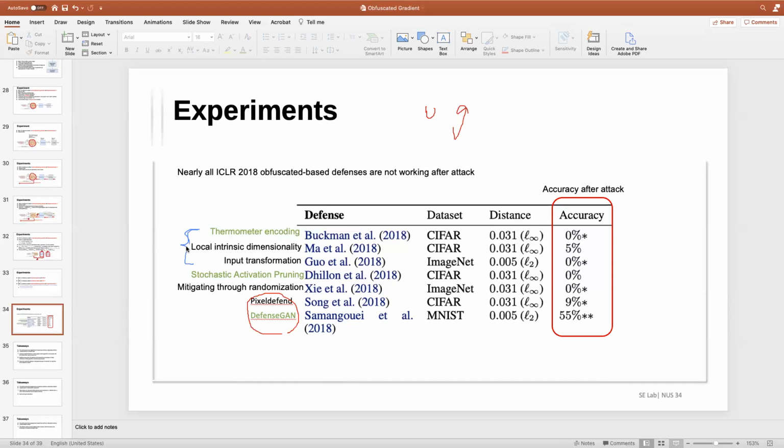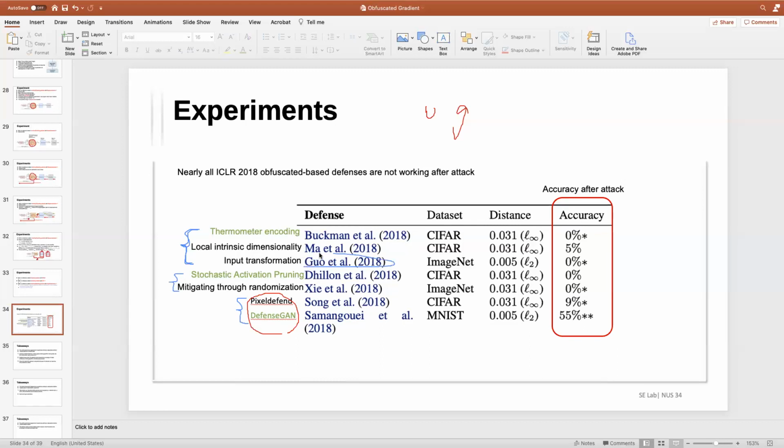So the first 3 are from the first type, and then these 2 are from the random gradient, stochastic gradient type. Then these 2 are from the really deep network type, vanishing gradient. It sounds to me that the input transformation cannot fall into the category of gradient obfuscation or gradient masking, because input transformation is totally changing the original input into another one.